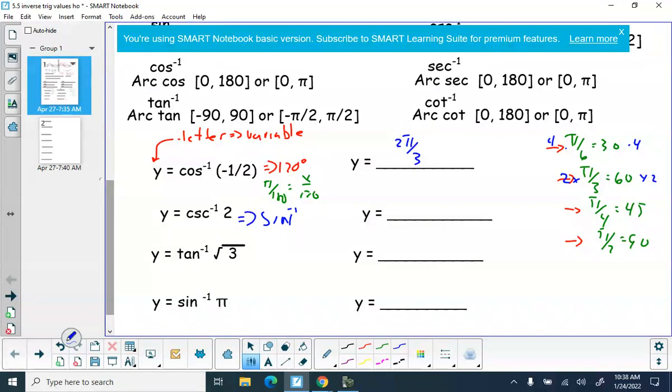But we can write this as a reciprocal function, the inverse sine, because the sine is the reciprocal of cosecant. I reciprocate my trig function. What do you think you have to do with the value of 2? What would we do the inverse sine of?